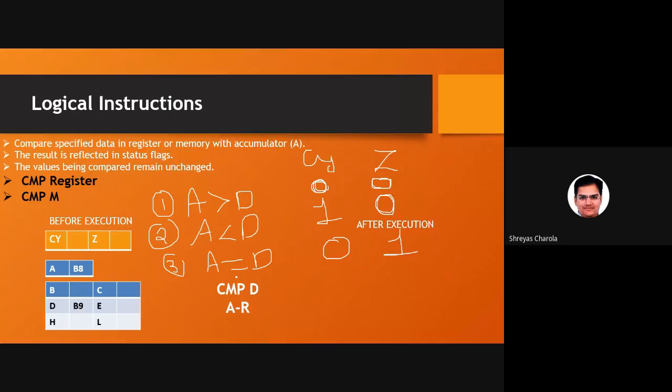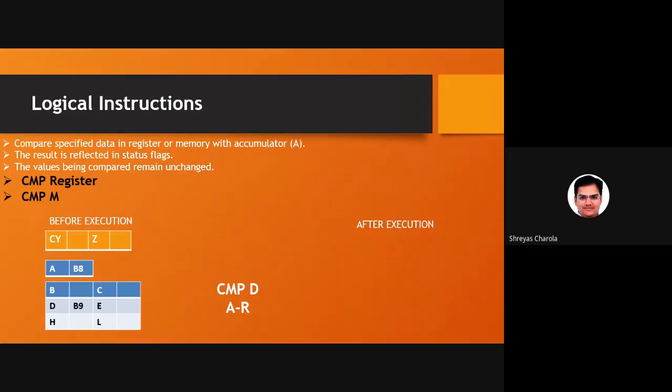Here I am putting one situation: compare D, where A and D are given. This value will not change; only these two flags will change. What is the condition of the carry flag and the zero flag? All of you write down the answer.